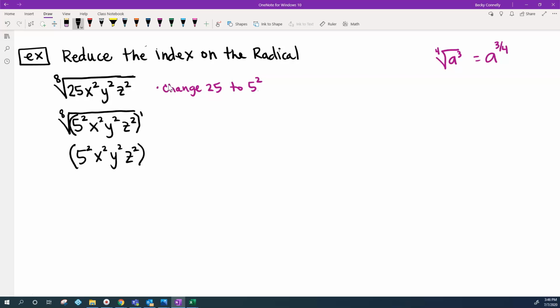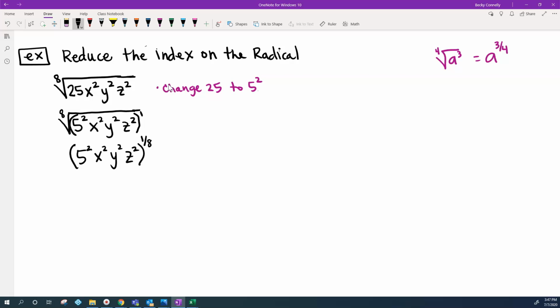Happens to be on this one, but we could say that they're all being raised to the 1st power. So I could take this whole thing and say it's being raised to the 1/8 power. Okay, is everybody with me there so far? This one's kind of a strange one. Okay, so I just changed that 8th root to the 1/8 power.